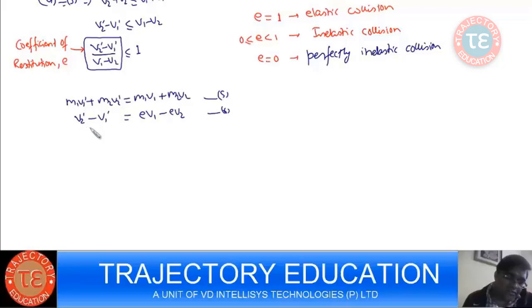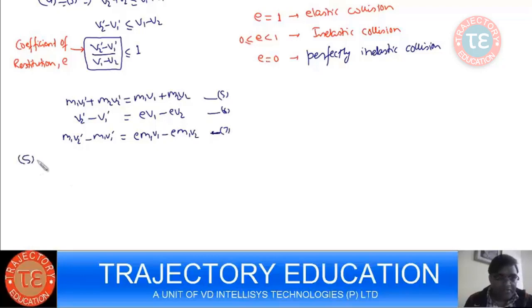So what I can do over here, tell me, how will I get v2'? If I multiply the sixth equation by m1, I'll get m1 v2' minus m1 v1' equals e m1 v1 minus e m1 v2. This is, let's say, the seventh equation.